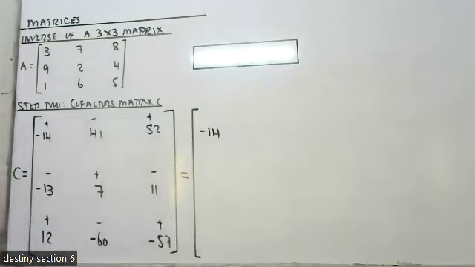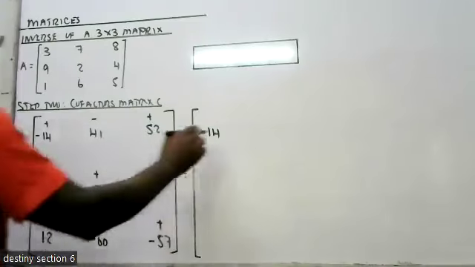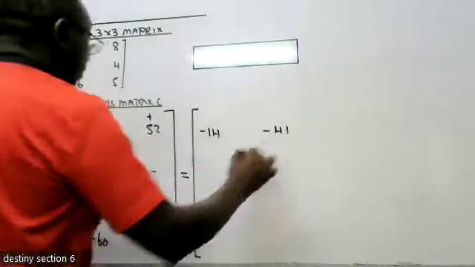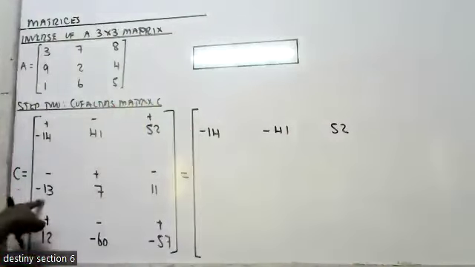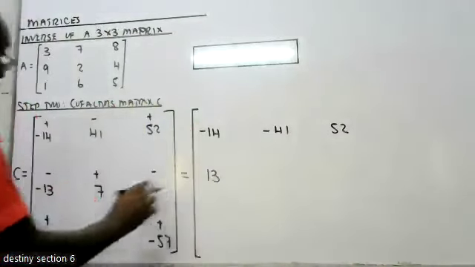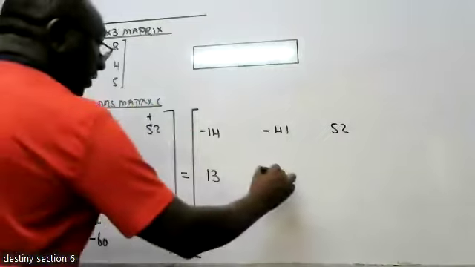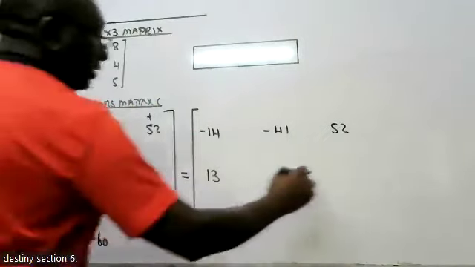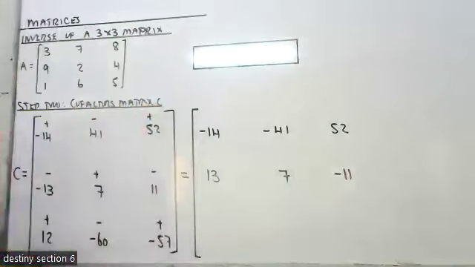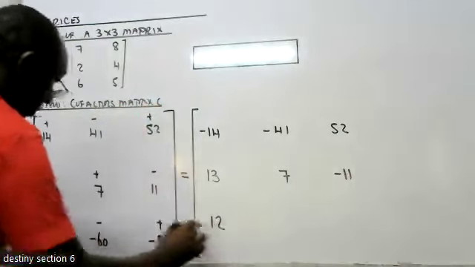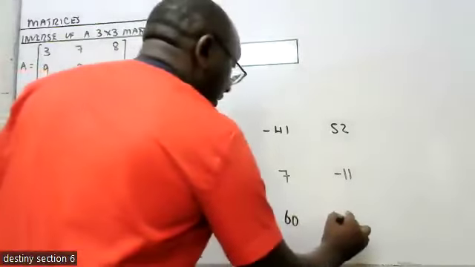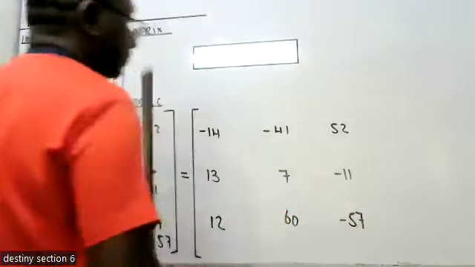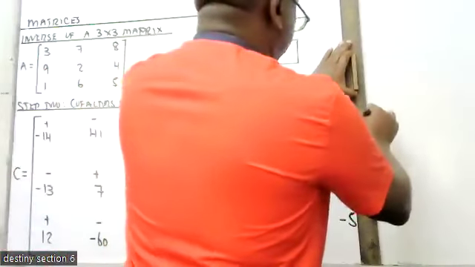Then this one becomes negative 41. This one remains as 52. This one becomes positive 13. This is 7. This is negative 11. This is 12. This is positive 60. And this is negative 57.